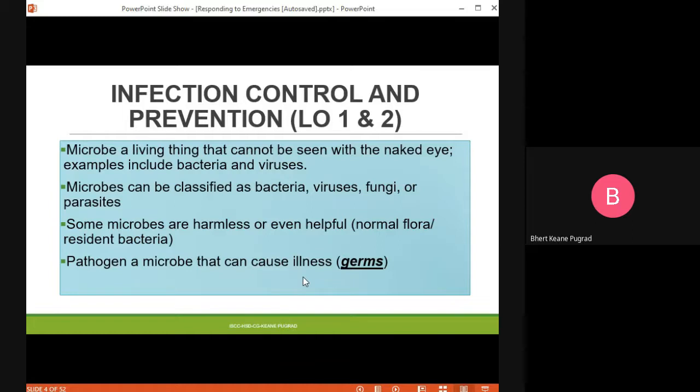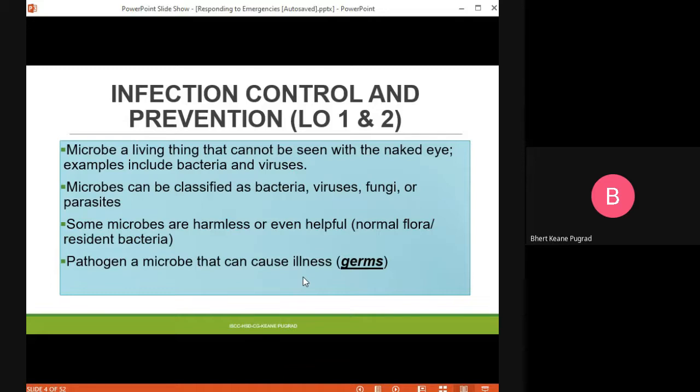But if those E. coli travel and go to our urethra, to our urinary tract, to our urinary system, that is where infection will occur. We call that UTI, or urinary tract infection.